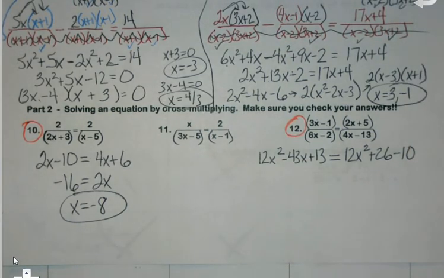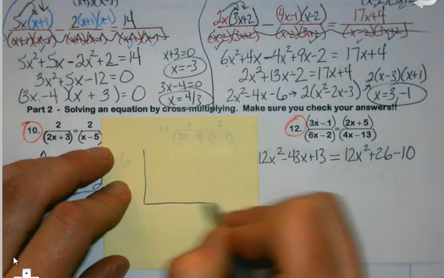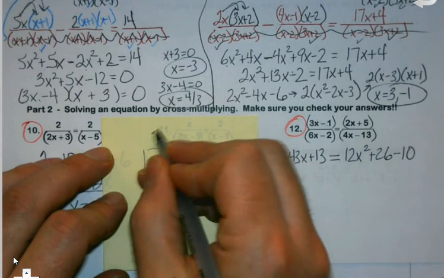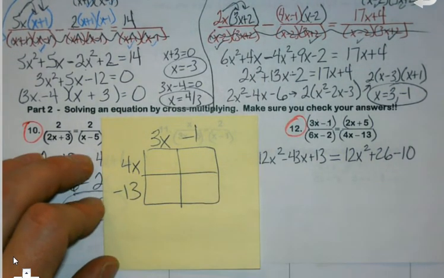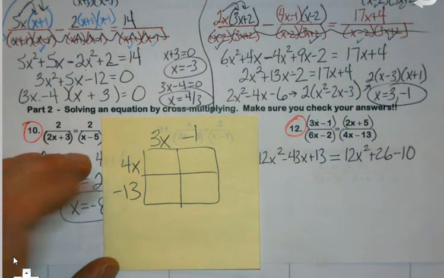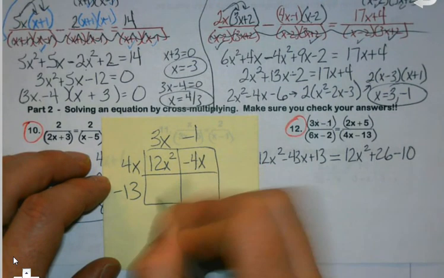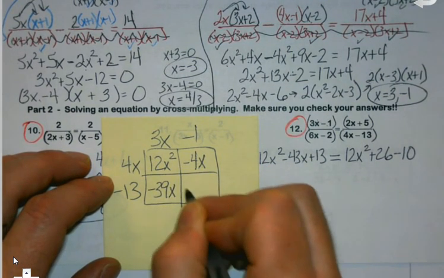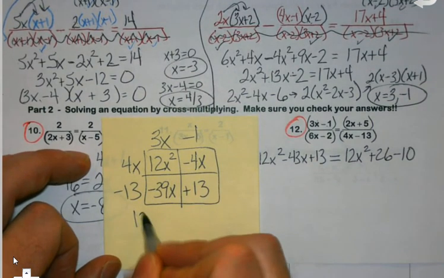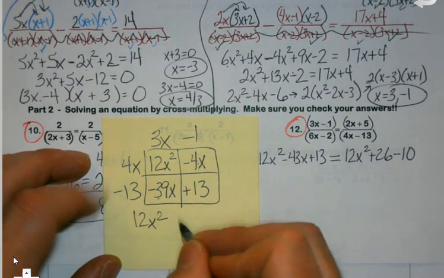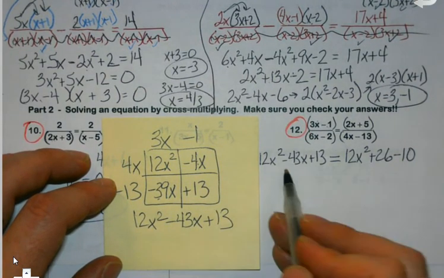Okay, I just did 3 times 4, and when I start distributing, I start FOILing this out. So then I've got 12x squared, -39 and -4 is -43x plus 13. So that's where this is coming from.